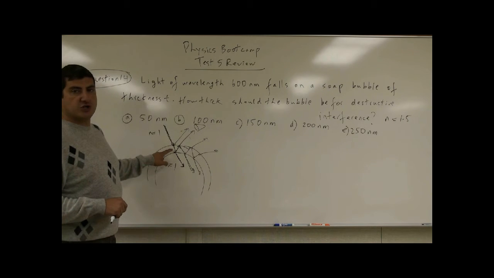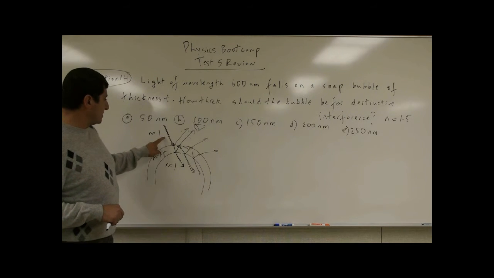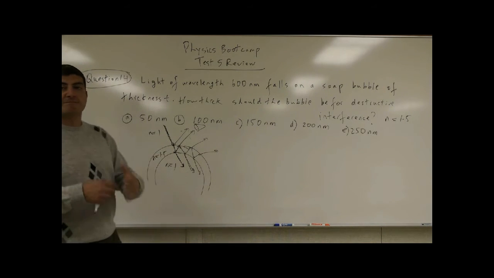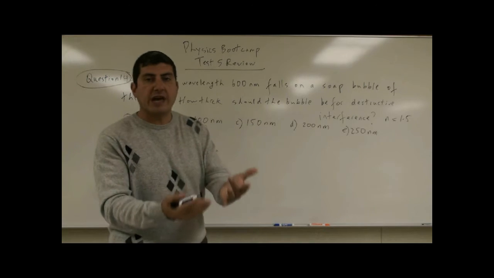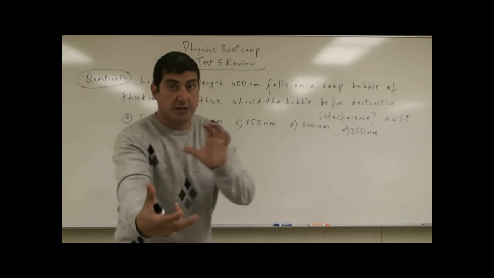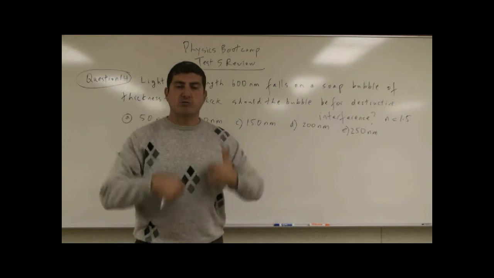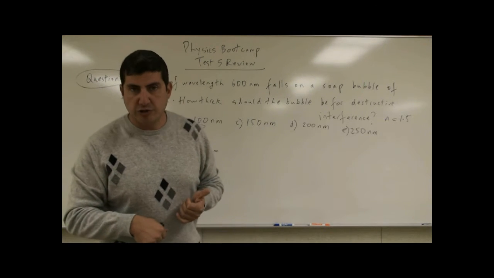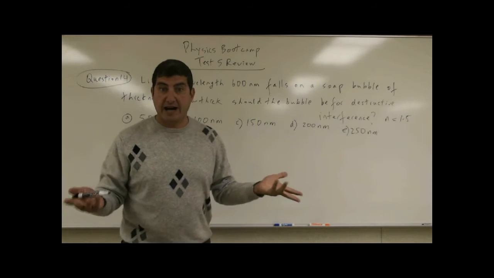The first reflection happens from a lighter medium to a heavier medium. The theory of physics says when a wave reflects from a lighter medium hitting a heavier medium, upon reflection there's a 180-degree phase change, pi radians.